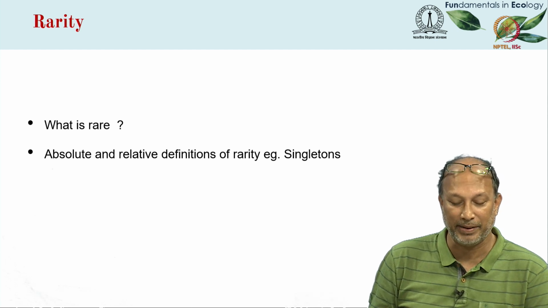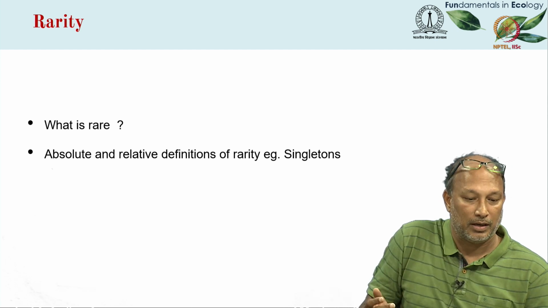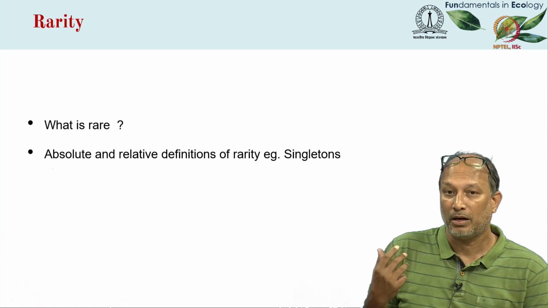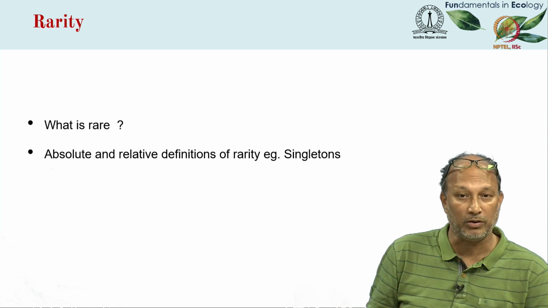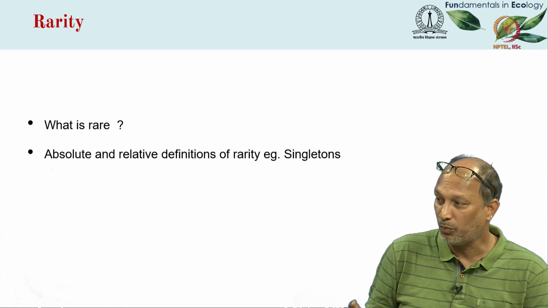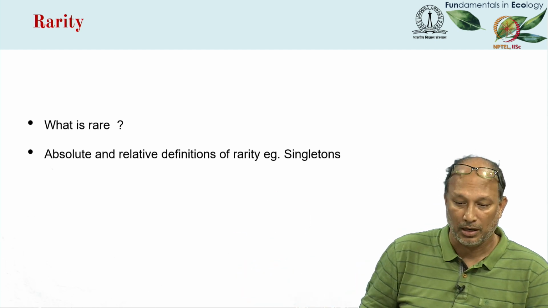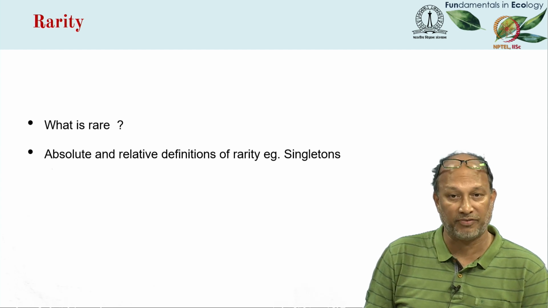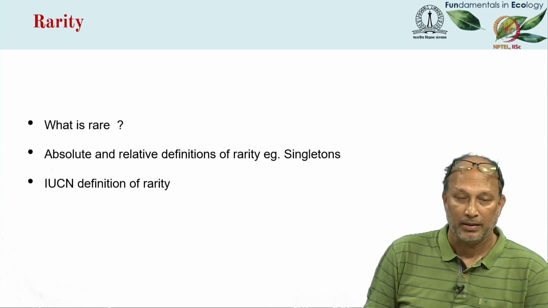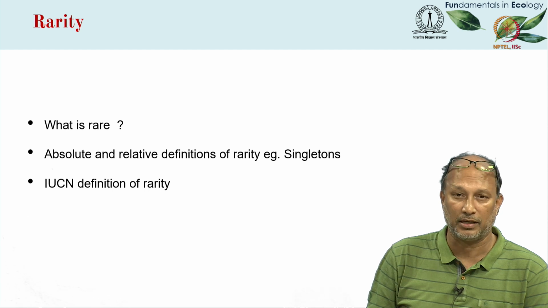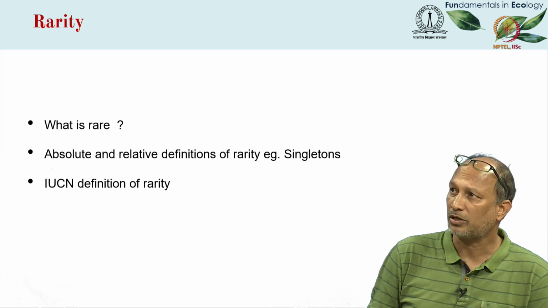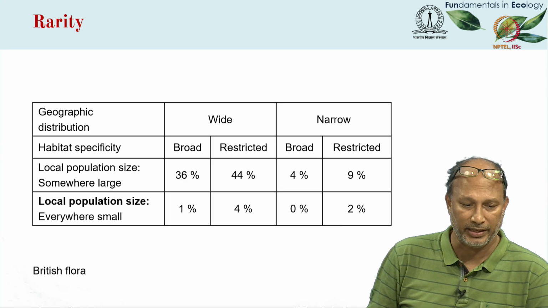So something can be rare compared to something else, but individual species that have been found only once, where only a single individual has been found, or that have been found in only one of many plots or many samples, have been defined as rare. In conservation, there's the IUCN's definition of rarity. So ecologists and conservationists often use the term rare to mean quite different things.